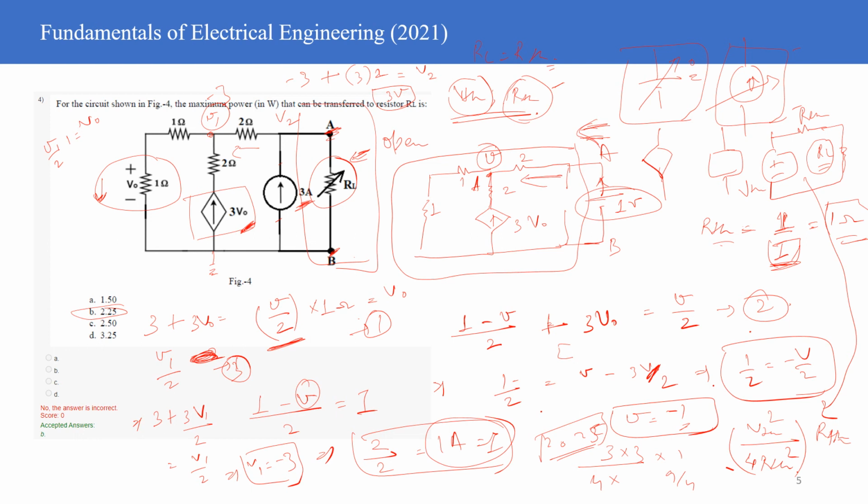You cannot touch them. Then you figure out the effective resistance. Second, the Thevenin voltage you can determine as you have already been doing, and then you can figure out the power loss. That is what this solution is teaching you.